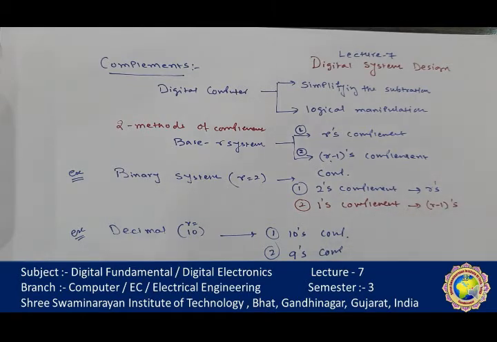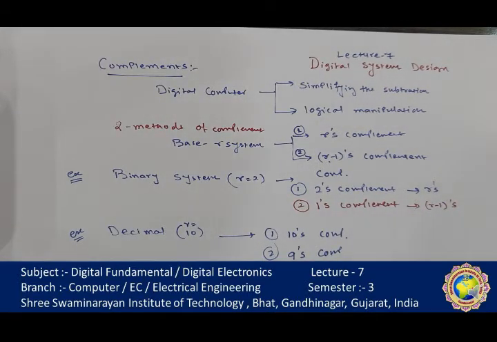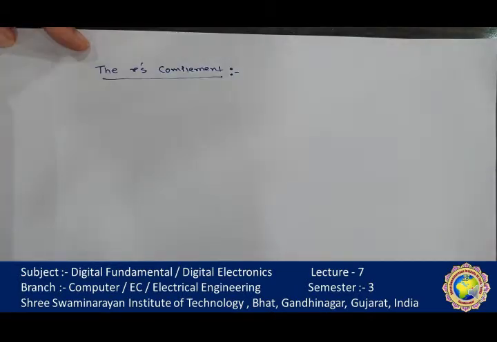In this way we can define the complement method for different number systems. Today we will discuss the R's complement method for any base R. It might be binary, decimal, or any base number system.